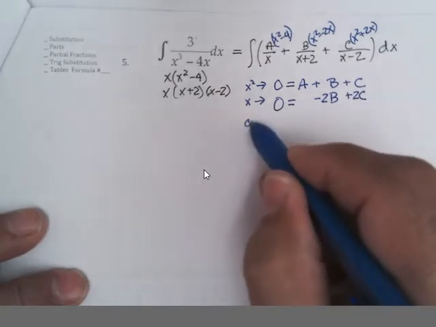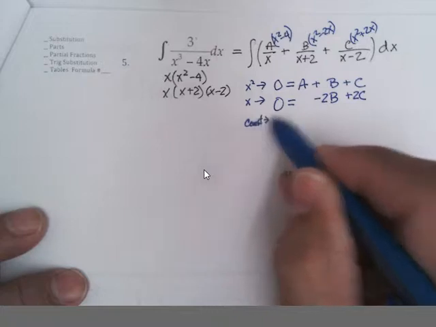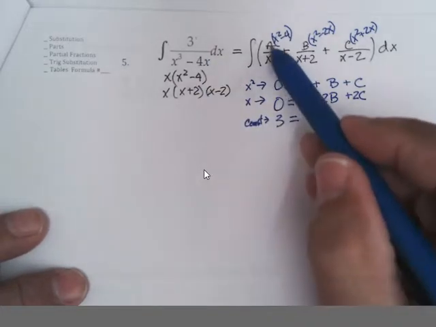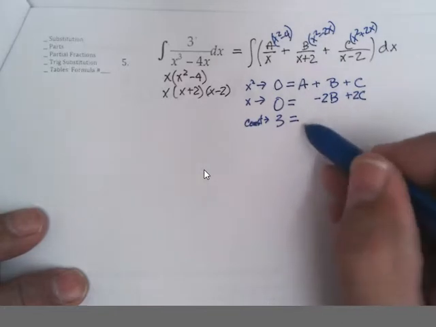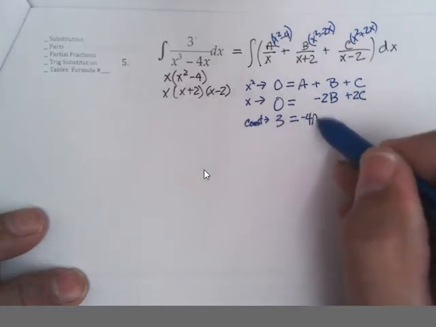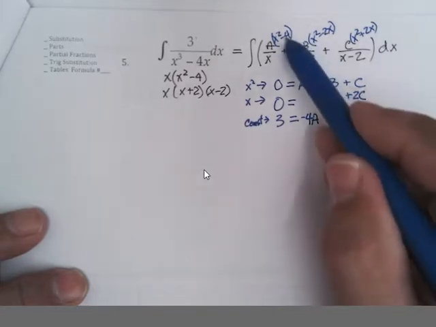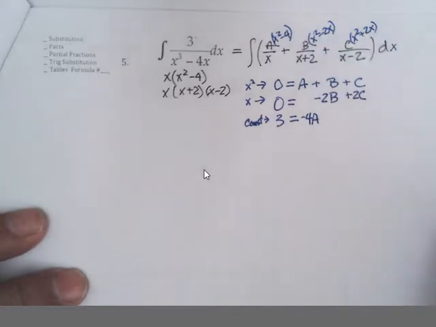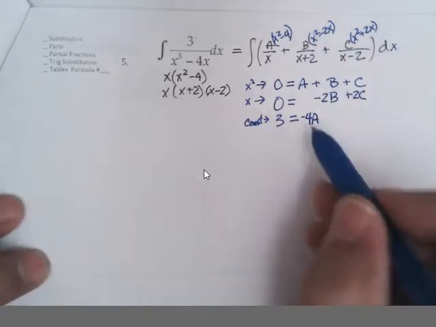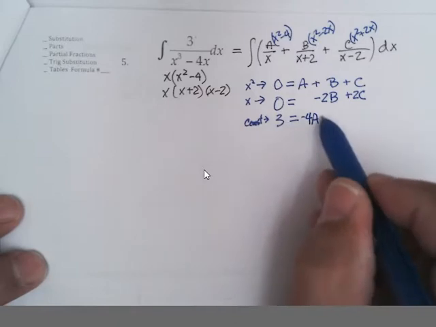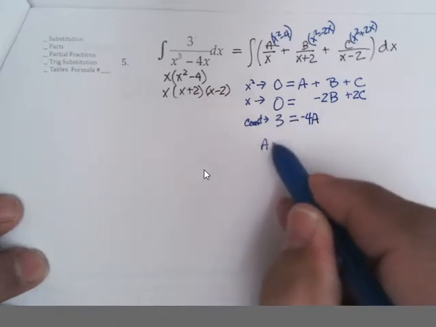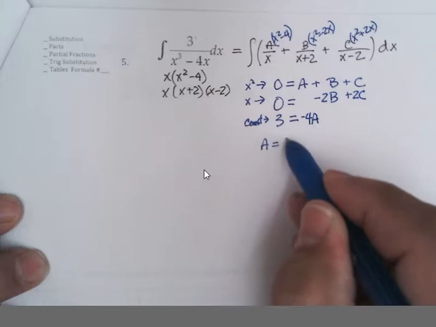And if I look at the constant, I have a 3. Here I have a times negative 4, so negative 4a. There's a constant. There's no constants here, and there's no constants there. So right away I see that a has to be, since this is a very simple equation, 3 divided by negative 4.